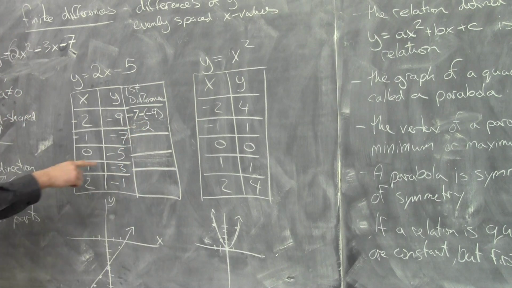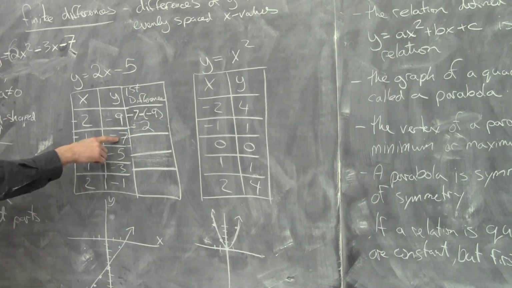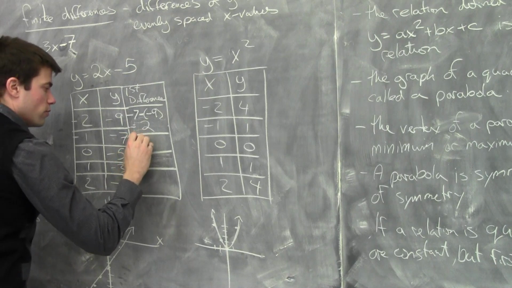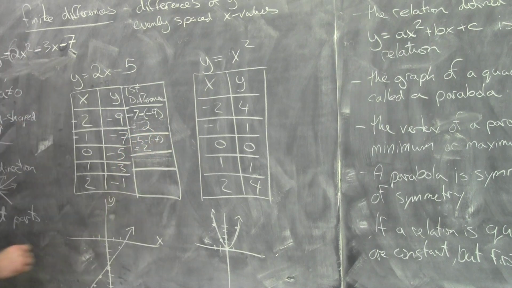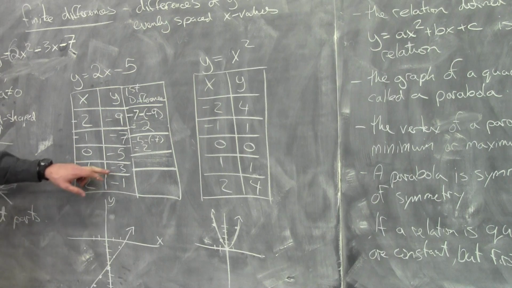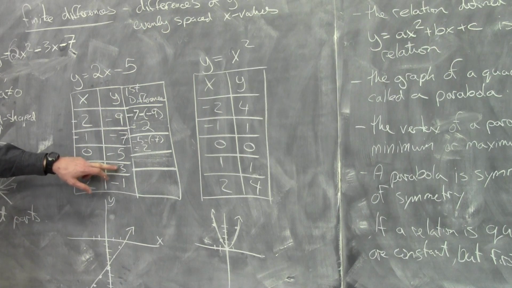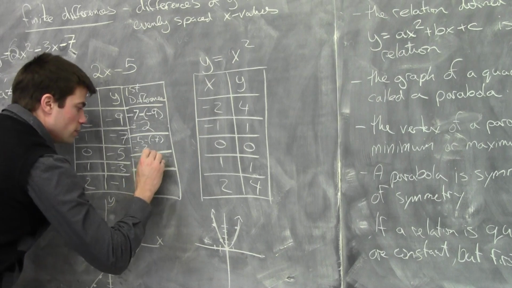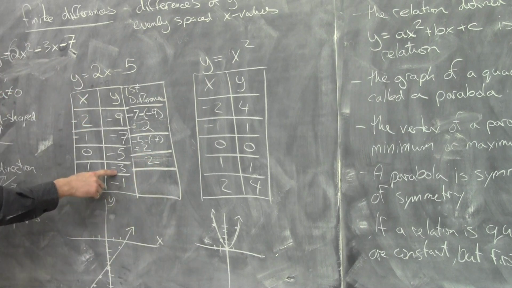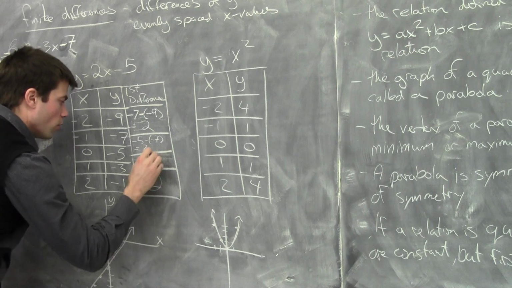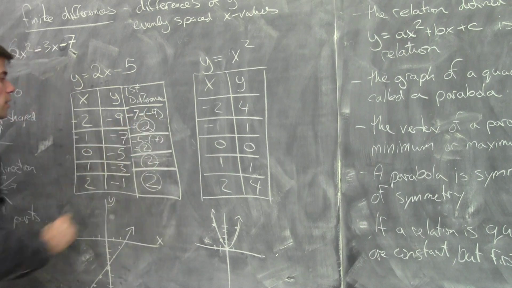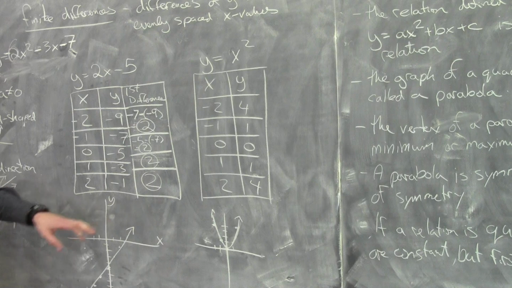Then we do -5 minus -7, which is -5 plus 7, positive 2 again. And -3 minus -5 is positive 2 again. And -1 minus -3 is positive 2 again. So what we notice then is our first differences are all the same, which is 2.